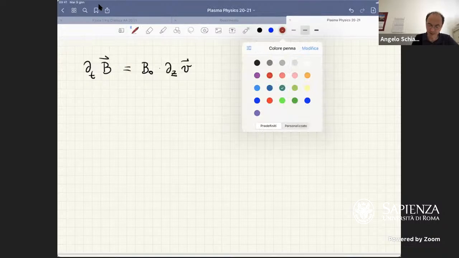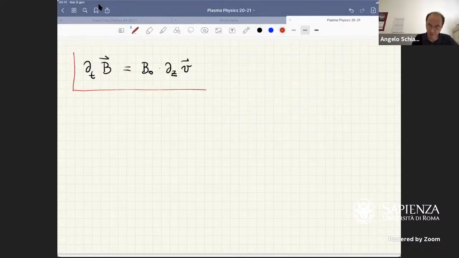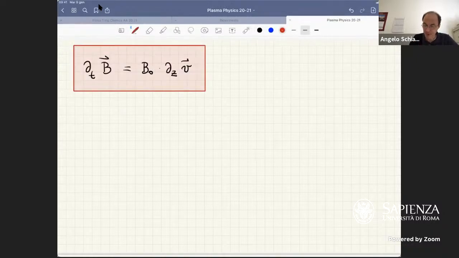This is one of the equations that we want to obtain, and we call it equation 1.